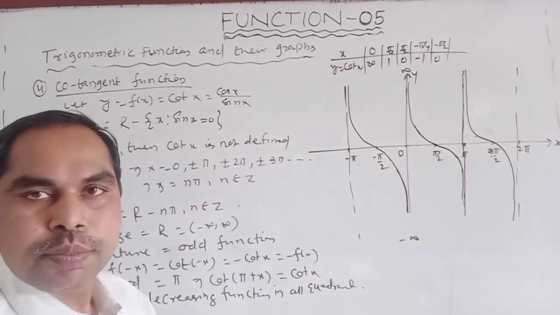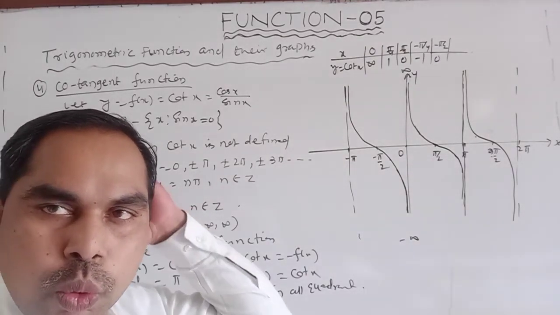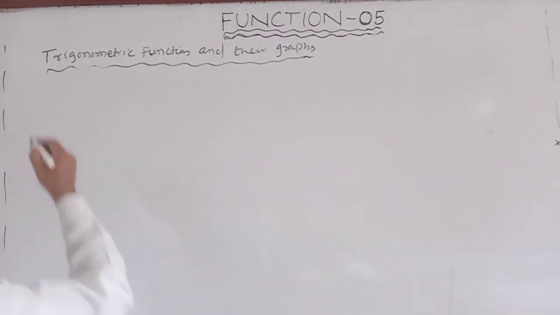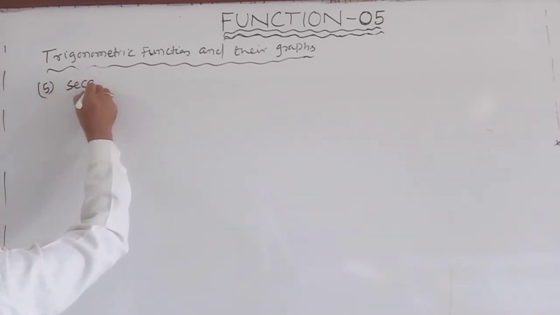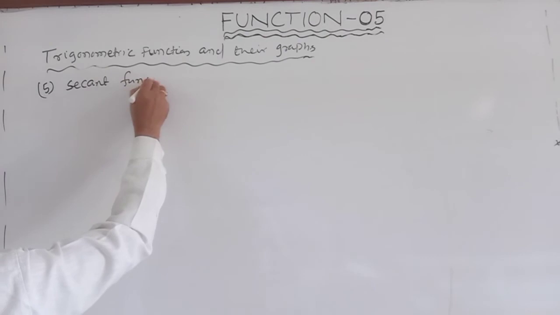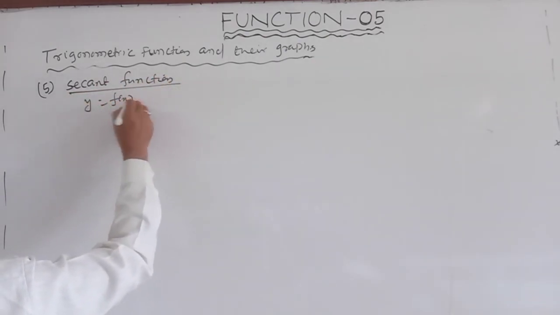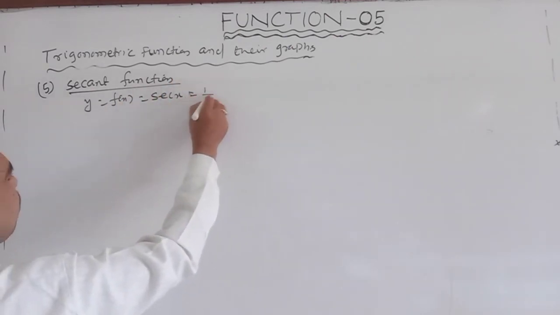Okay. Next, secant and cosecant functions. Next, the secant function. So y is equal to f of x is equal to sec x, which is 1 by cos x.